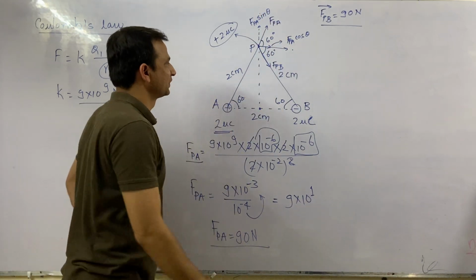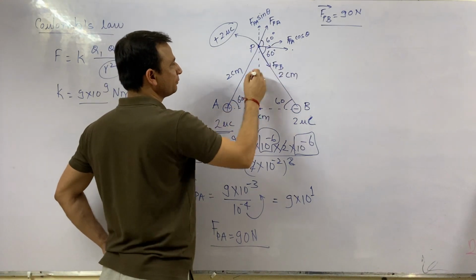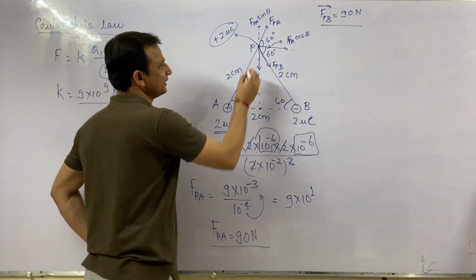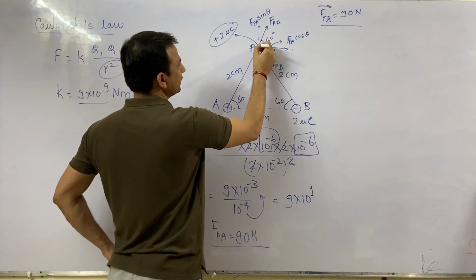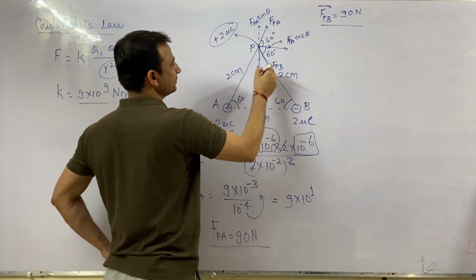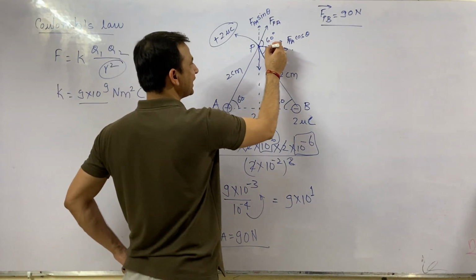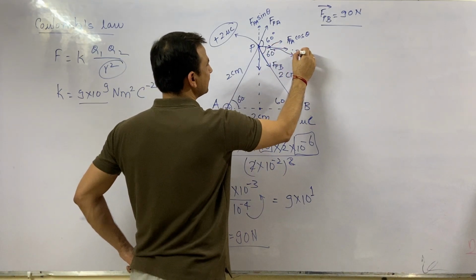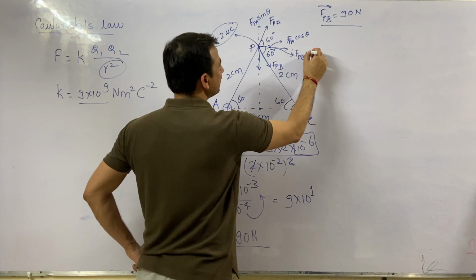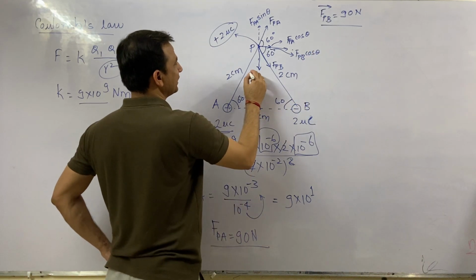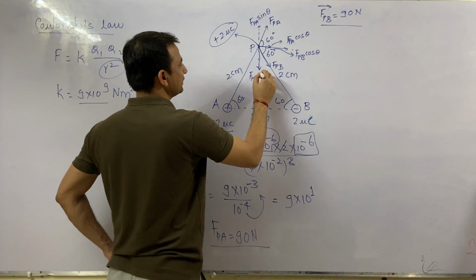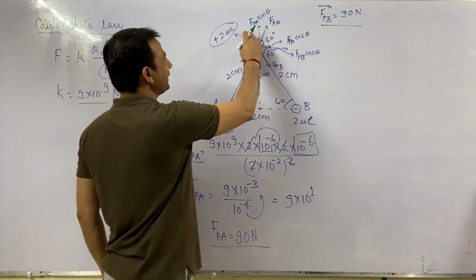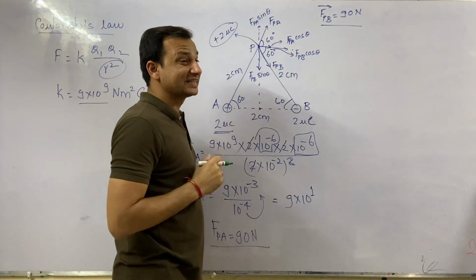Similarly, for FPB, one component would be vertically down and the other towards the right side. The one on the right side is adjacent to the angle, so FPB cos theta, and here FPB sin theta.